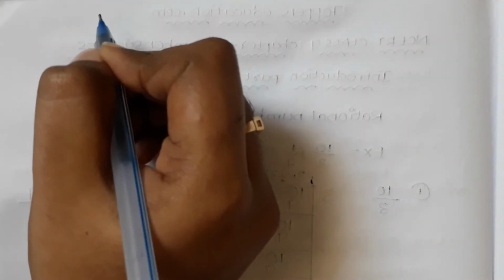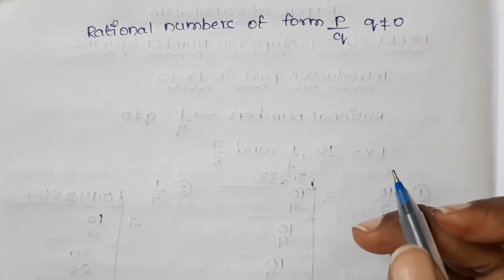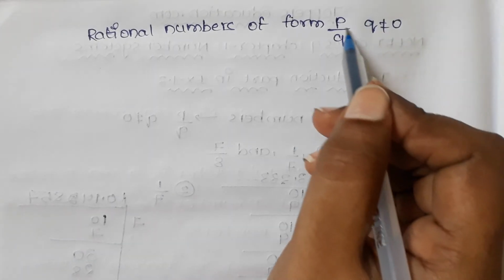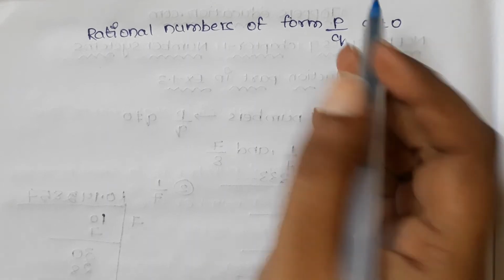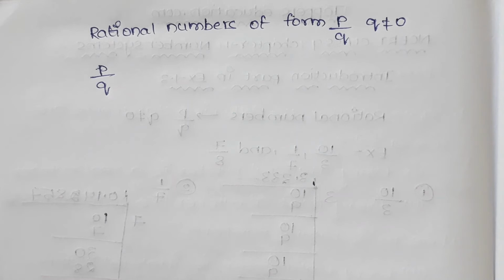Rational numbers are of the form p by q, as I said many times, where q is not equal to 0, and p and q are integers, and here p is divided by q.